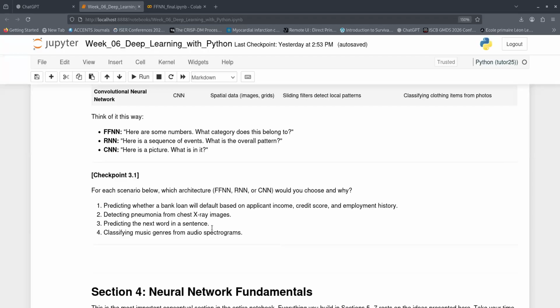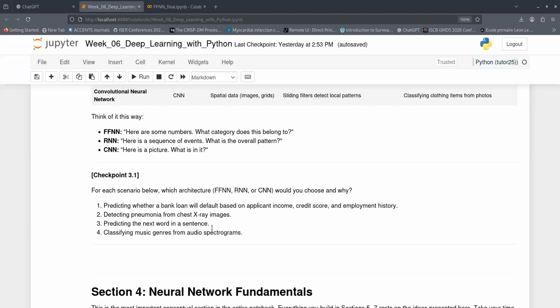So I think, I mean, okay. The first one I thought was supposed to be RNN, the one that goes with a sequence of events. Then this one now should be the feed forward neural network for predicting the next word in a sentence. Are you sure? Yes, I think so.